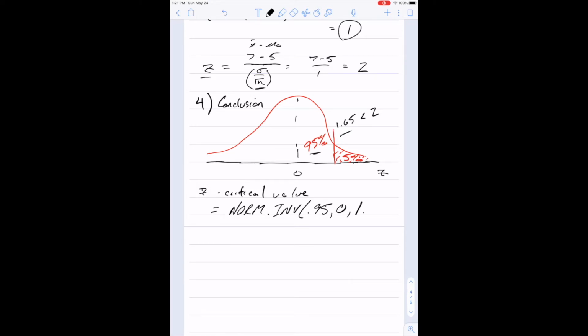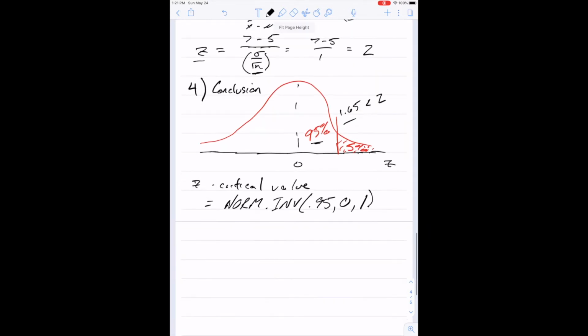And I don't think we need TRUE for this one. So we just give that, and that would have also given about 1.65.